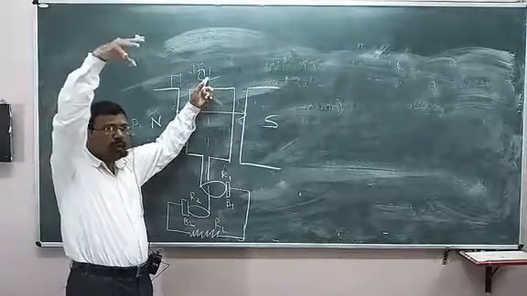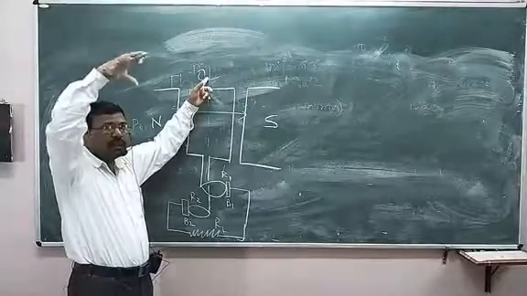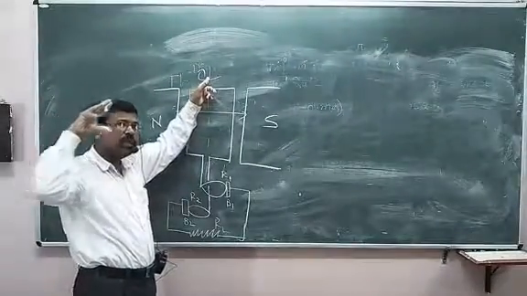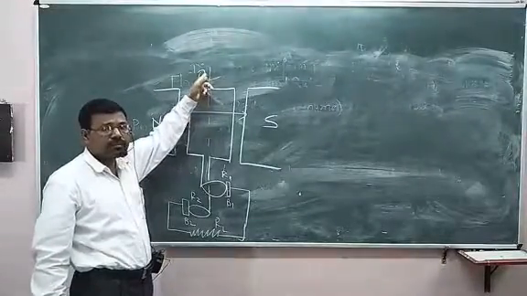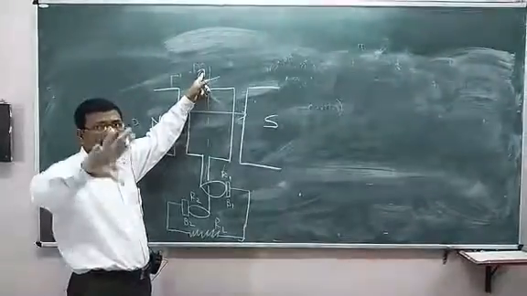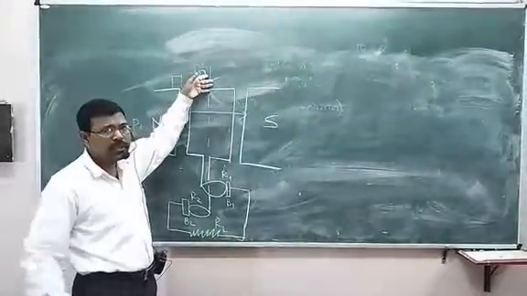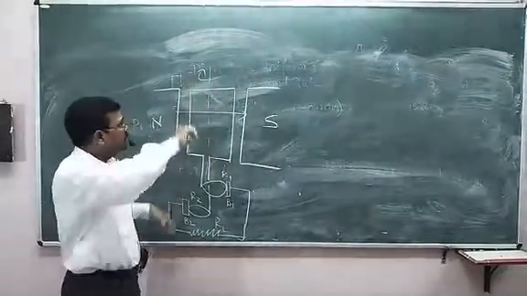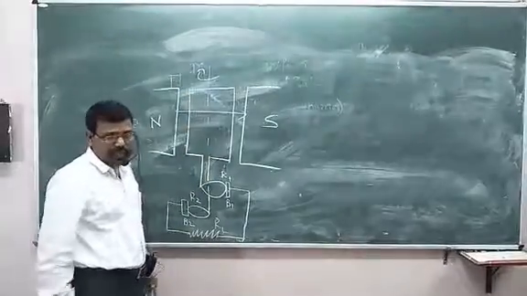When water is passed or when wind hits this wheel, that wheel is what we call the turbine. When the wind hits or the water passes, the turbine rotates. When the turbine rotates, the coil also rotates.